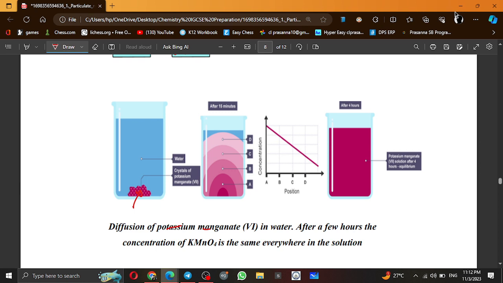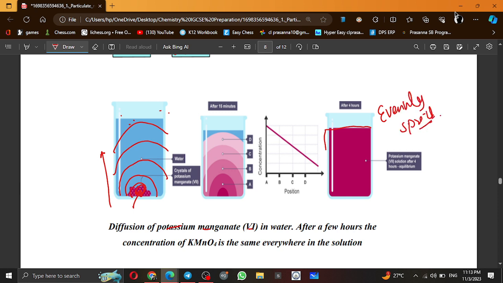After a few hours, the concentration of KMnO4, potassium manganate(VII), is the same everywhere in the solution. So at first we have our potassium manganate here. It starts to diffuse due to its random motion. It starts diffusing outwards where there's low concentration. It's moving outwards because there's a lower concentration of potassium manganate, or no concentration, over there. So it fills the space, and after some time it's even, the particles are evenly spread.